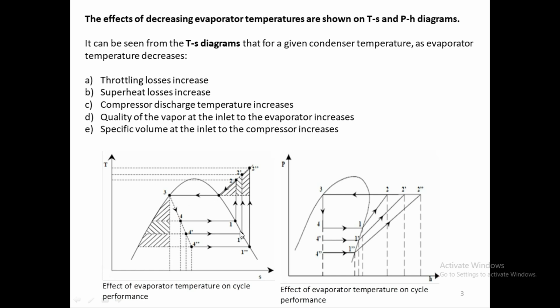So the compressor has to work, we have to supply extra energy to compress it, and then we have to waste the energy we supplied, because we don't need this extra heat. So there is a superheat loss increase also. The compressor discharge temperature increases, of course, as the compressor starts from a lower temperature and has to go to a higher temperature.